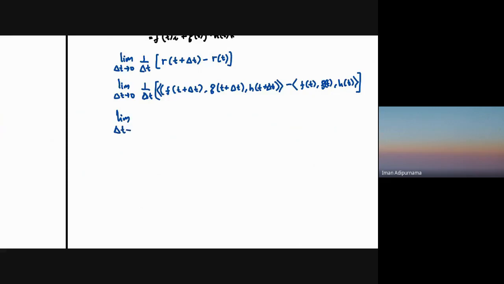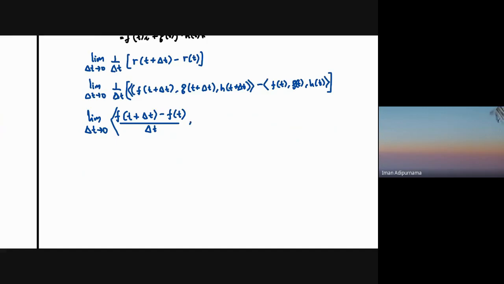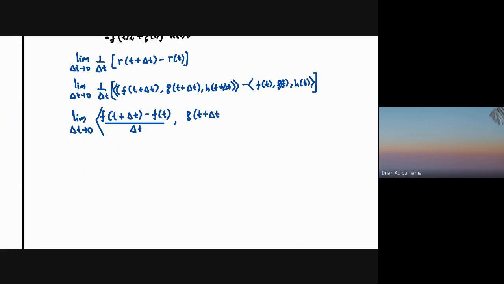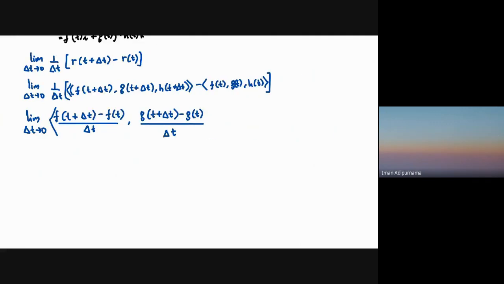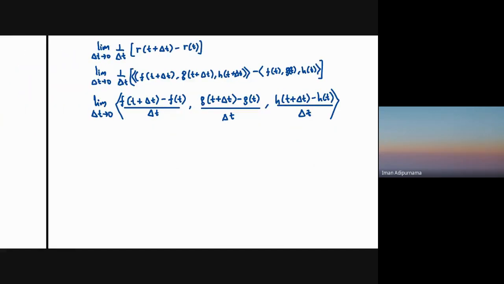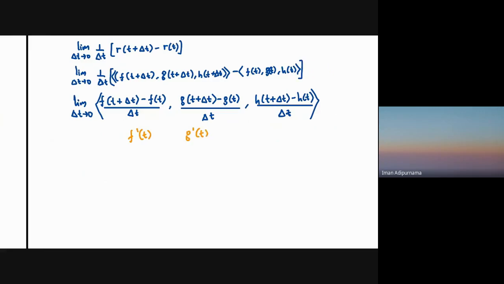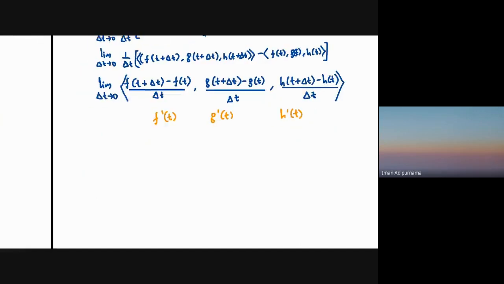So we can write this as f prime t, g prime t, and h prime t, right? Based on what we defined before.